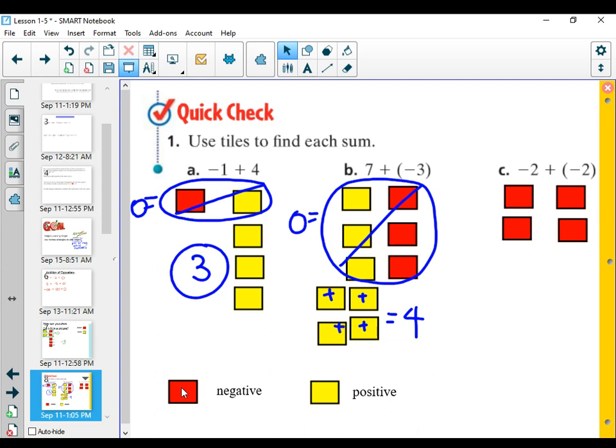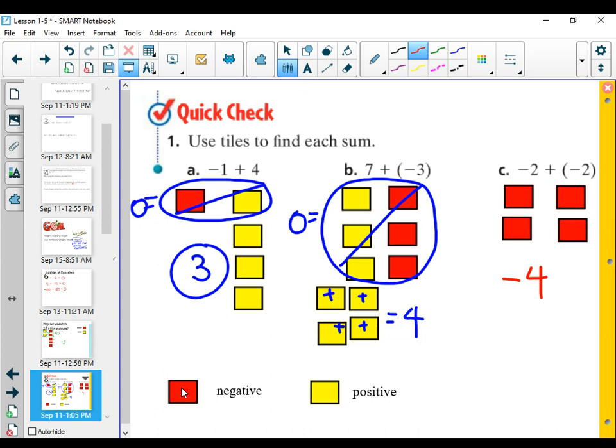But it turns out I don't have any opposites to add. I have 2 negatives and 2 more negatives. So the only possible answer is a bigger group of negatives, 4 negatives.